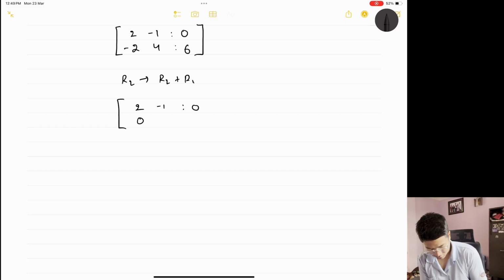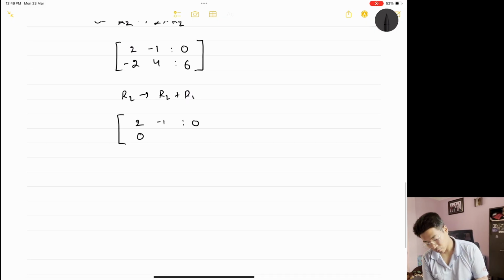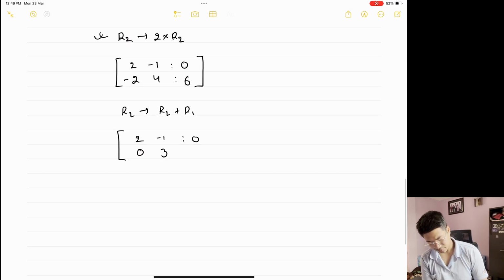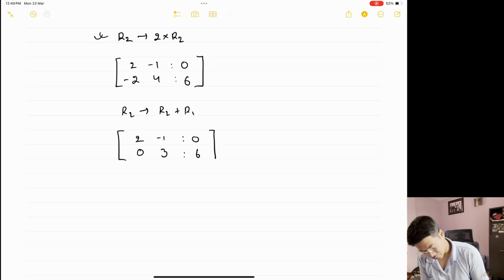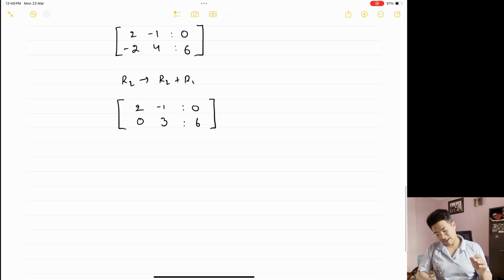Now, the first row does not change. The second row does change, and that becomes a 0. So when I add these two, this becomes a 3, and when I add these two, this becomes a 6. Okay, so now we've ended up in a place where we have something like this.